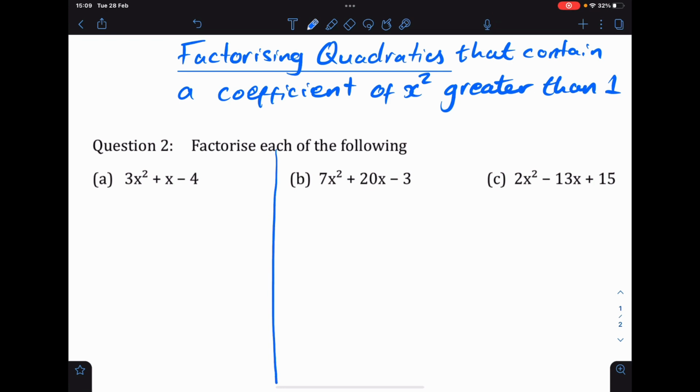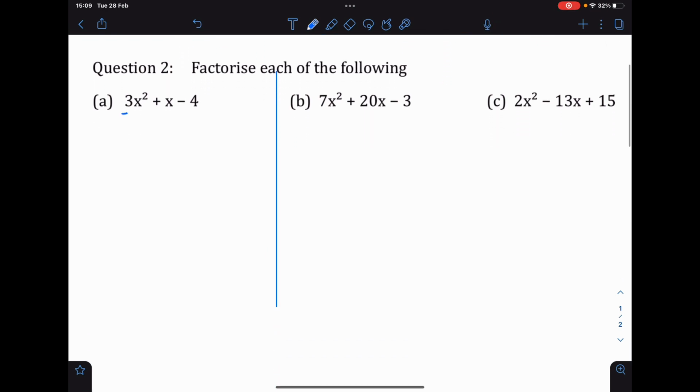So the first step is you have to multiply the first number and the last number of your quadratic. So 3 times negative 4 gives me negative 12. Now I'm going to write down every single number that multiplies to give me negative 12.